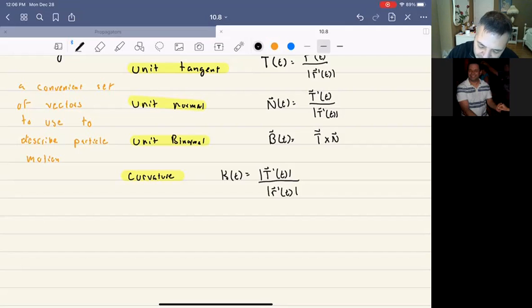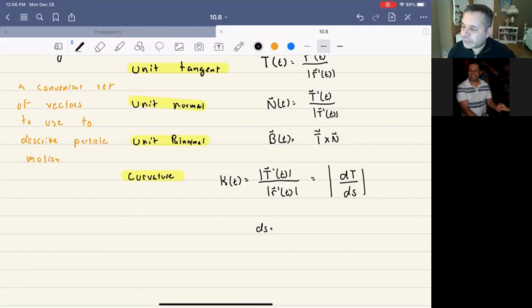But that's actually equivalent to the magnitude of dT/ds, where ds is not the arc length, but the derivative of the arc length. So ds is actually that magnitude of r prime.